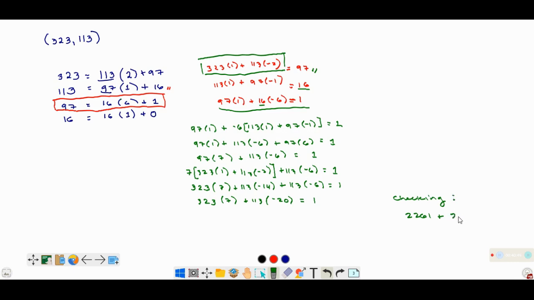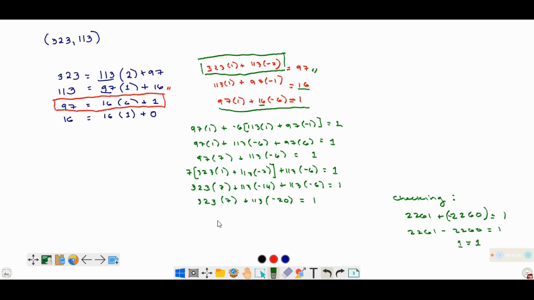We have 2,260. Siyempre, siya ay negative, which is equal to 1. 2261 minus 2260. Equal ba yan sa 1? Yes, equal yan sa 1.